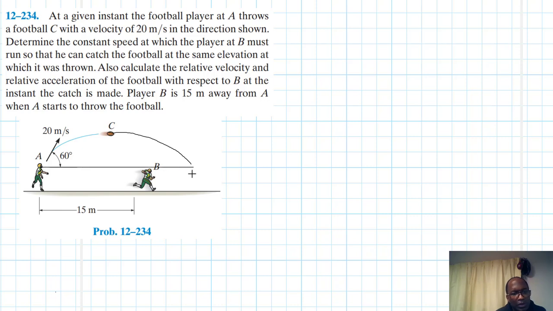Alright, so we have this point here, and we expect the velocity at this point to have the same magnitude at the same elevation.